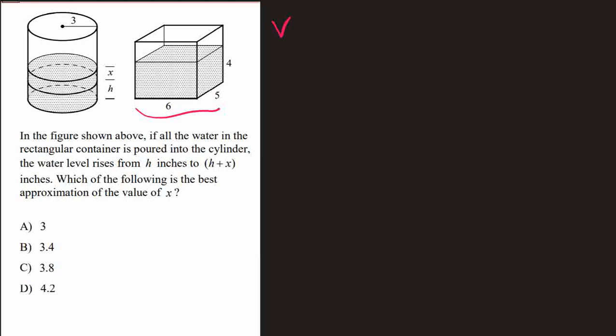So the volume of water in the rectangular container is 6 times 5 times 4 equals 120 cubic inches. And the whole thing is poured, and it will fill this layer.